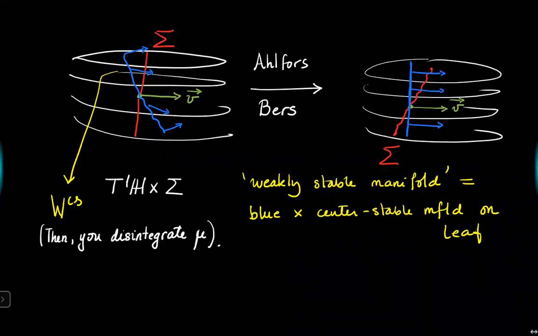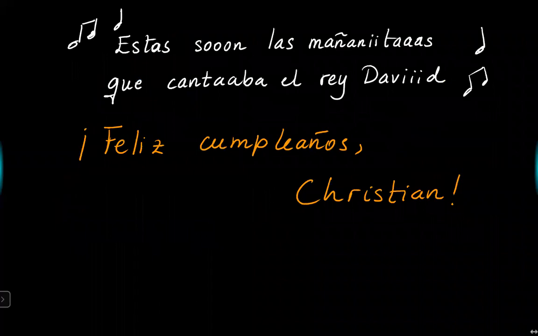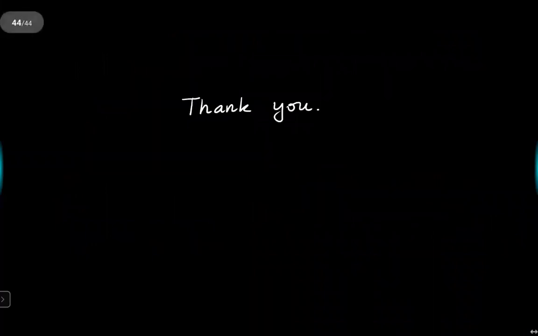You have to disintegrate the measure mu and see that it is absolutely continuous with respect to this foliation. This is the idea of the proof. The only thing that I have to say is happy birthday, Christian. Thank you very much.